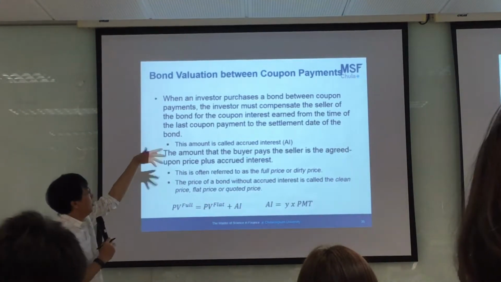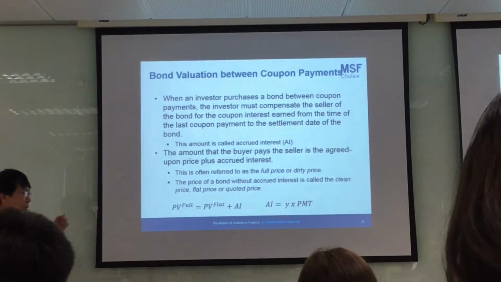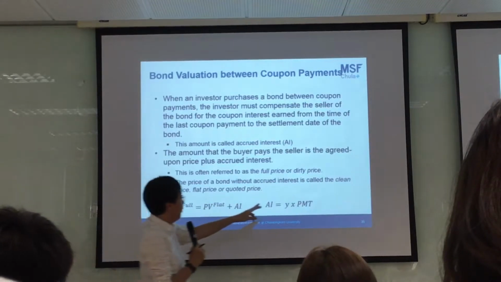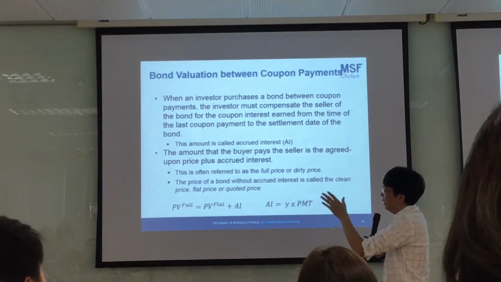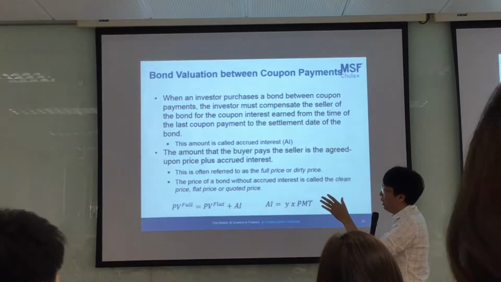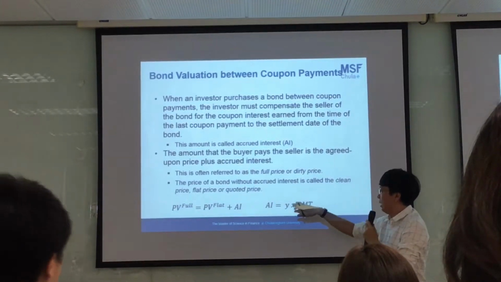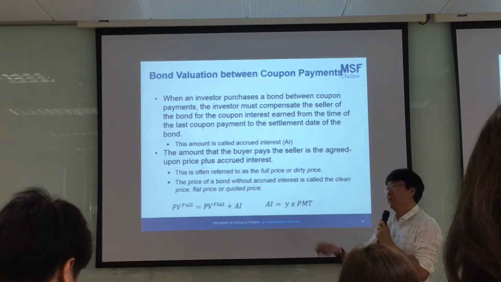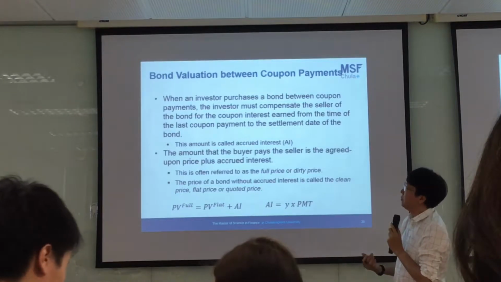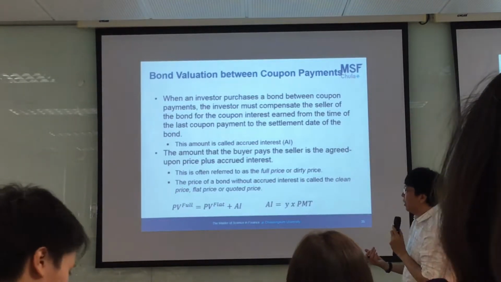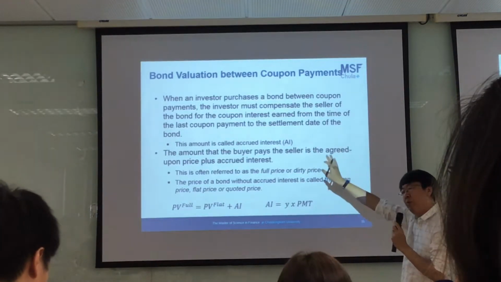In the first bullet, it's mentioned that the accrued interest is a portion of the coupon that will be paid in the next period. But because the seller has held the bond for a certain period, part of the coupon must be paid to the seller, because the new buyer will get the coupon payment in the next period.